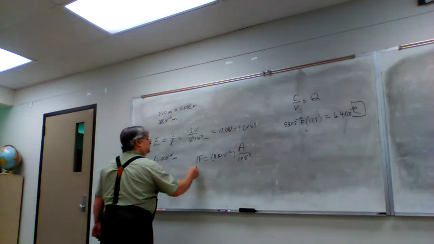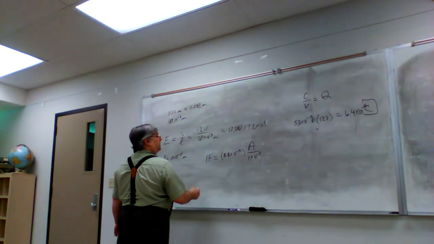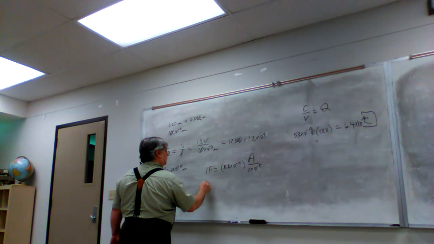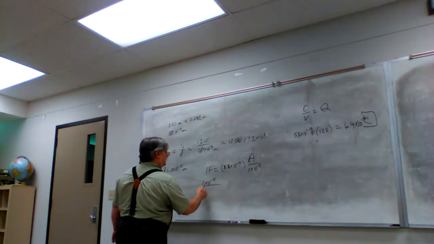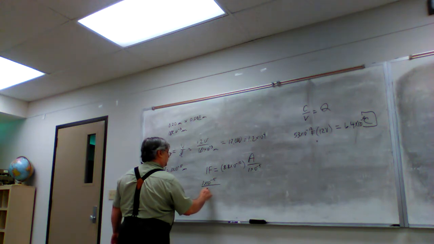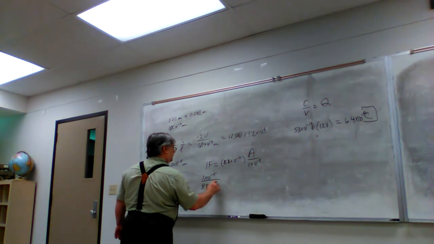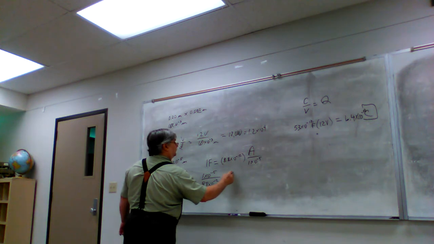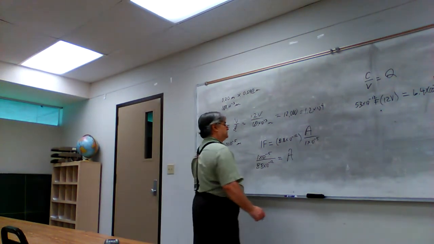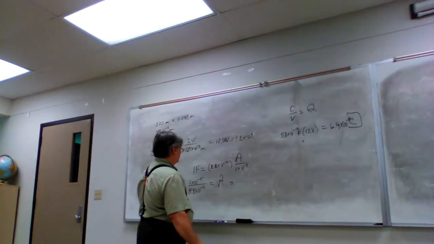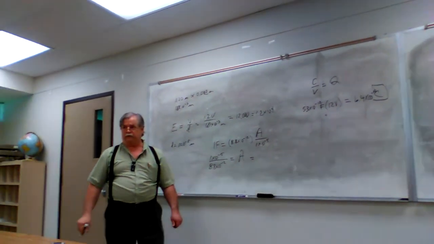All right, well, multiply both sides by 1 times 10 to the minus 5. Divide both sides by 8.8 times 10 to the minus 12. And that gives us the area that we need. What does that work out to? Square meters.